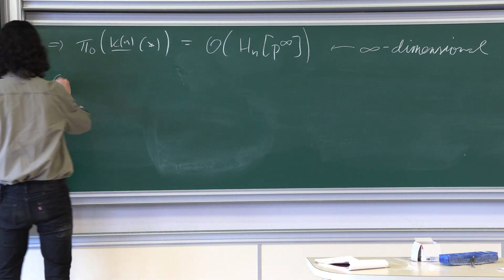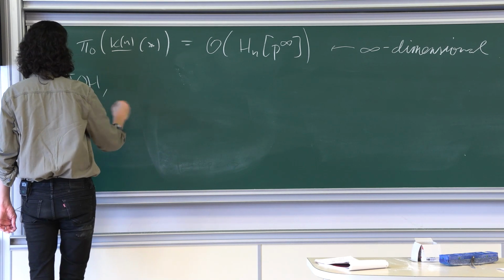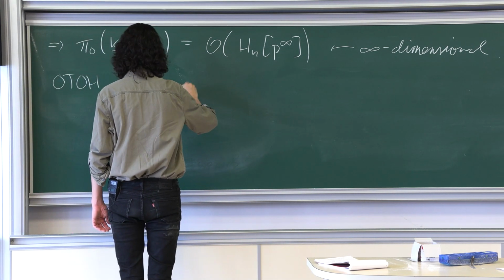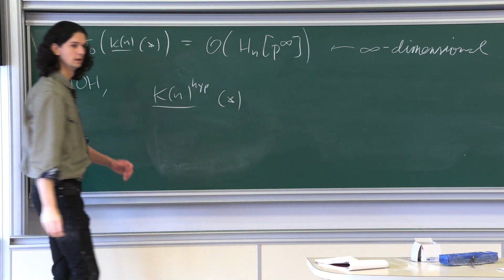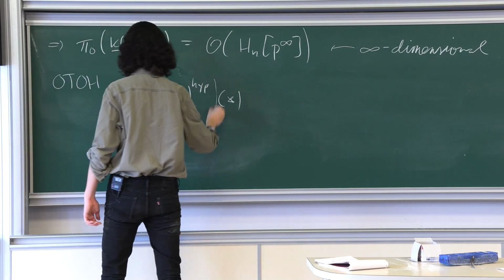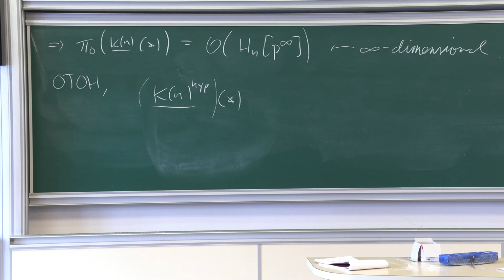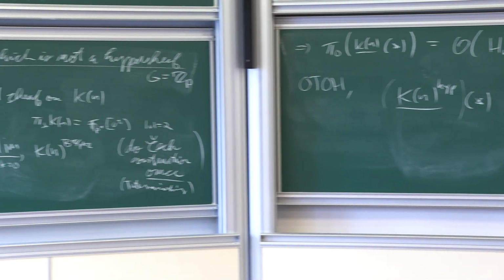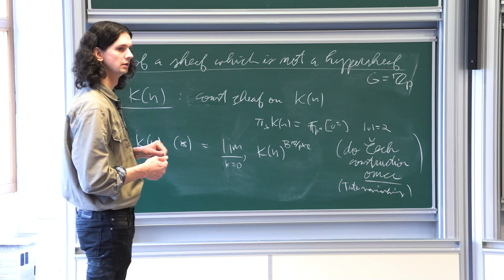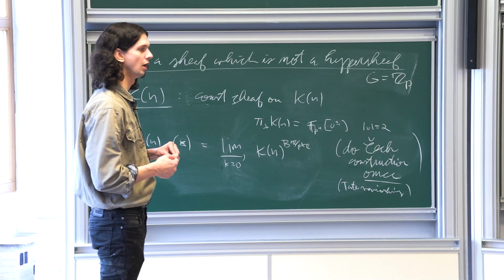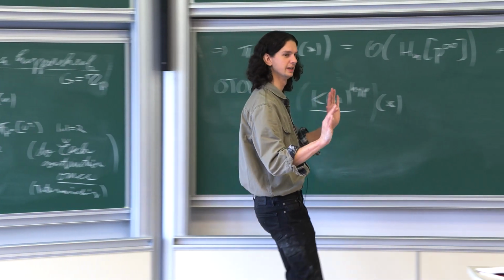On the other hand, if you take the hypercompletion of this... No, because this is a direct limit, and the formal group is like an inverse limit. Oh, I'm sorry, you're absolutely right. I apologize.